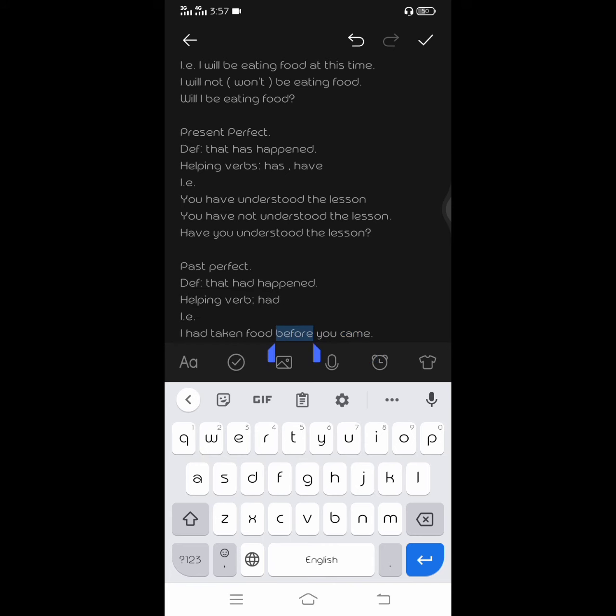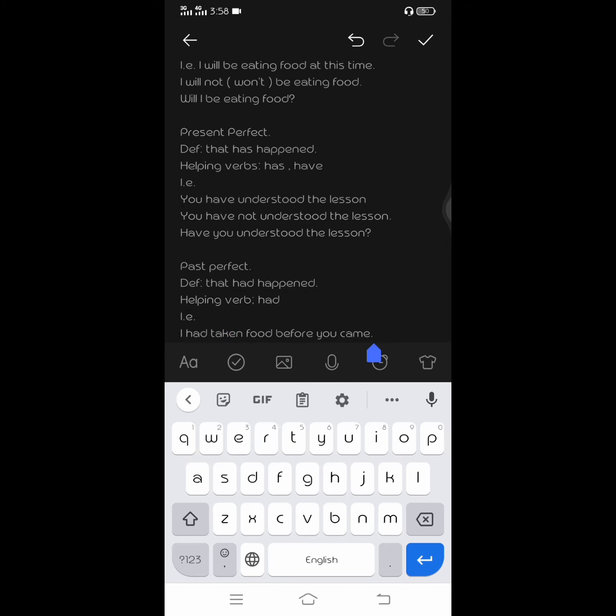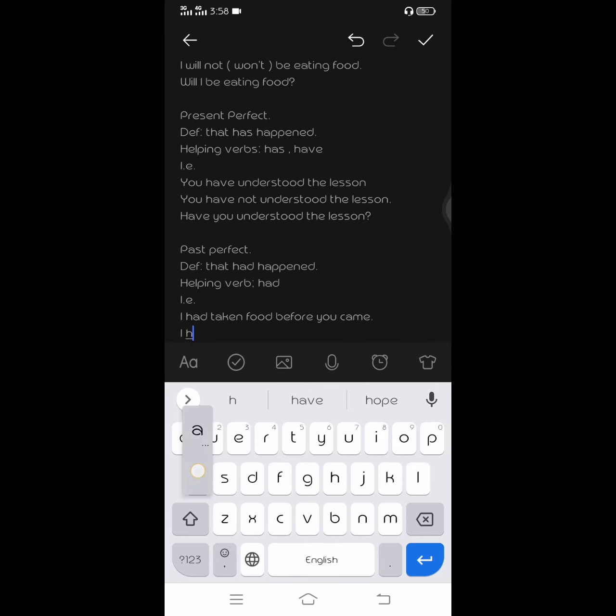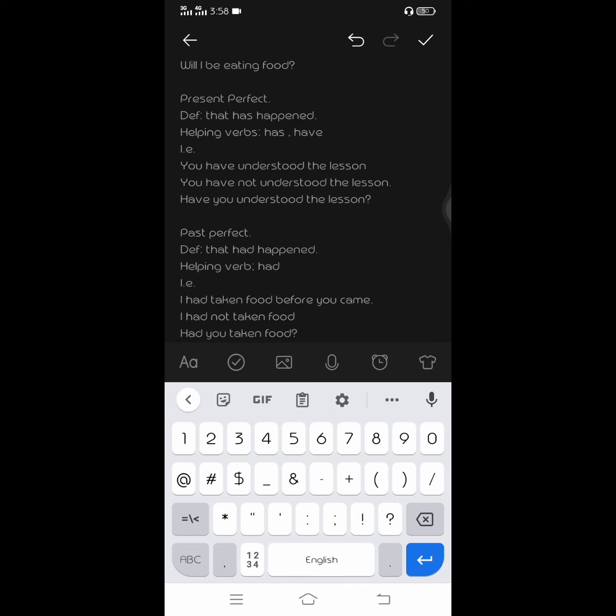Before is a conjunction, and this is a past perfect tense. I hope you're very much clear with that. In negative, it's going to be I had not taken food before you came, right? And in interrogative, it's going to be had you eaten or taken food, right?